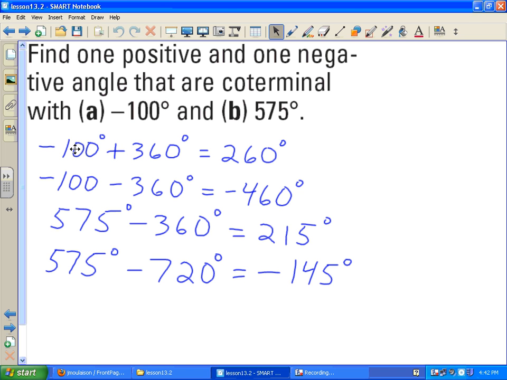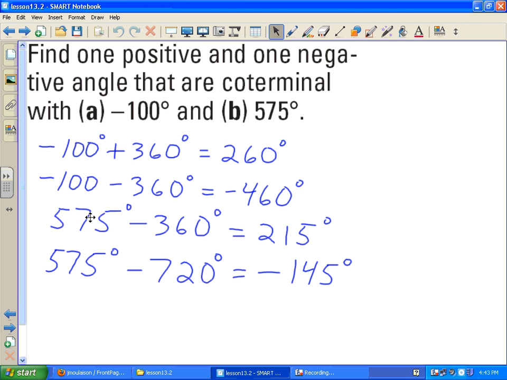So negative 100 and positive 260 are coterminal. To find an angle that's coterminal with negative 100 and is also a negative angle, I could subtract 360 from negative 100. Negative 100 minus 360 is negative 460. So negative 460 and negative 100 are coterminal angles.